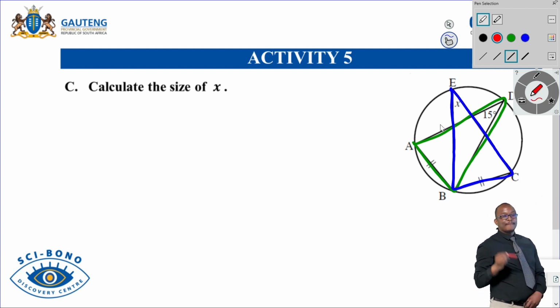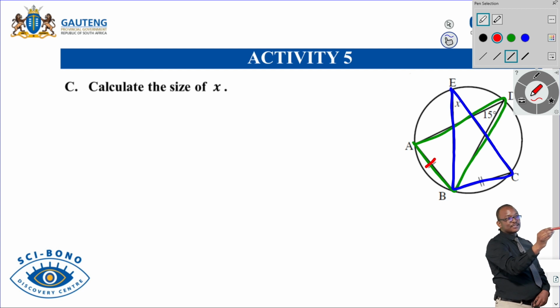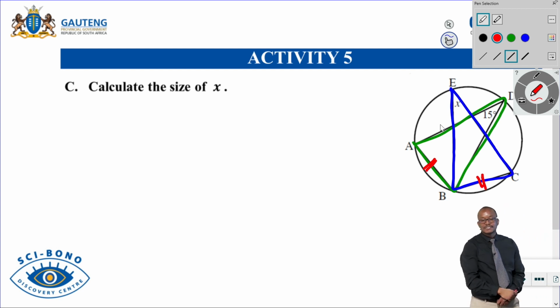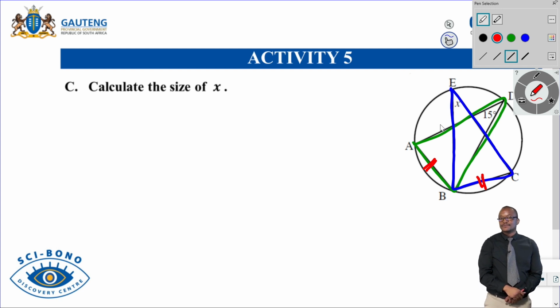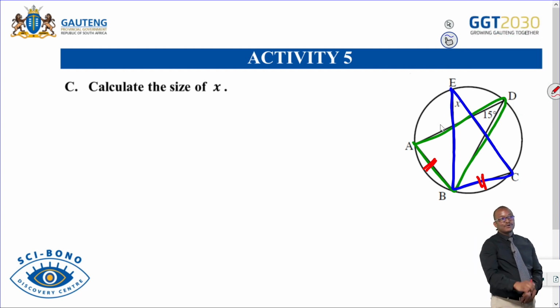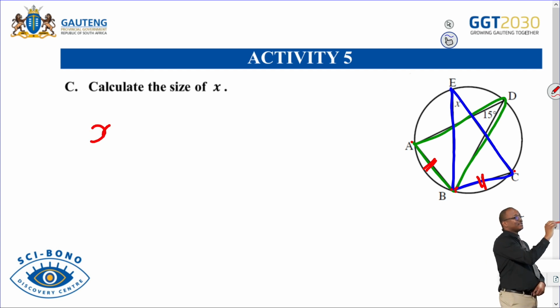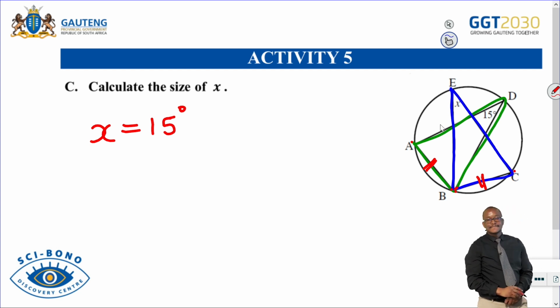Those triangles are subtended by equal chords. Chord AB is equal to chord BC. Then now we can easily say x is equal to 15 degrees.